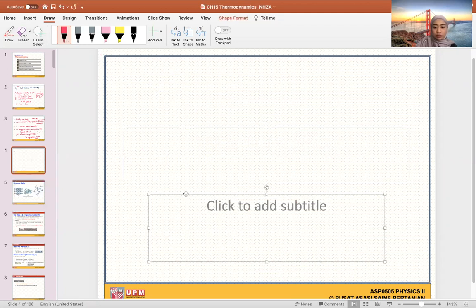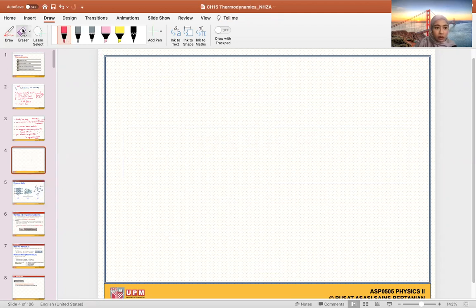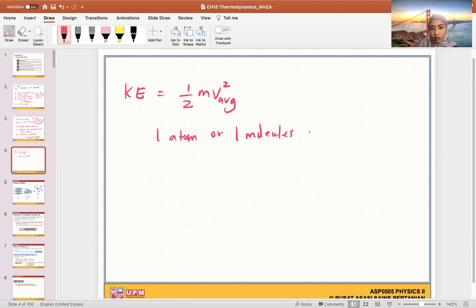So I told you the kinetic energy of an atom or a molecule is 1/2 mv squared average. This is for one atom or one molecule of gas. One molecule of gas. Okay.